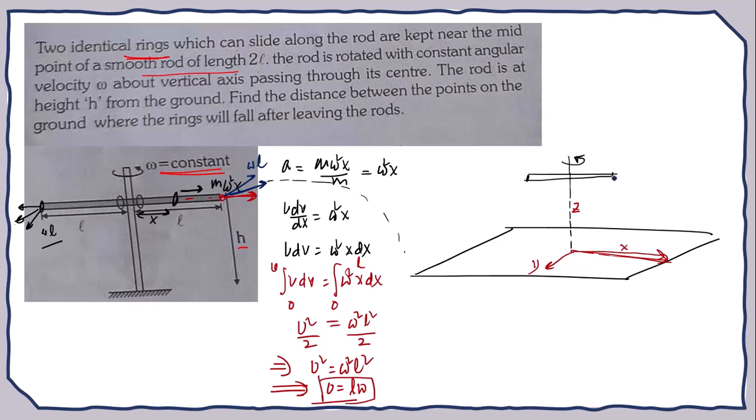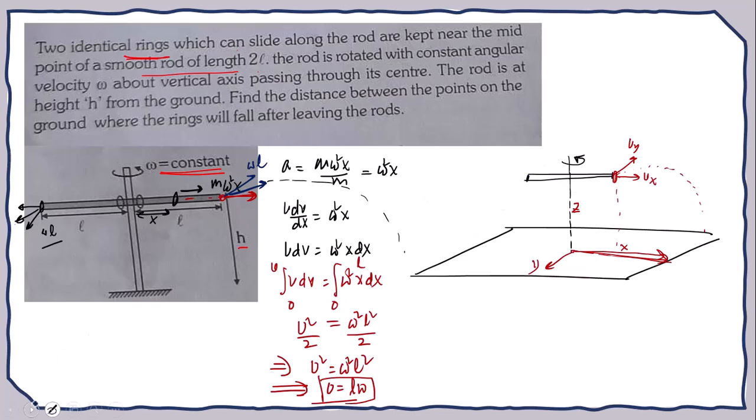So once the ring is ejecting from this point, it has a velocity along the X direction, Vx. Another velocity comes due to the rod in the negative Y direction, Vy. Because of that, the ring will fall at a particular position on this plane like this.